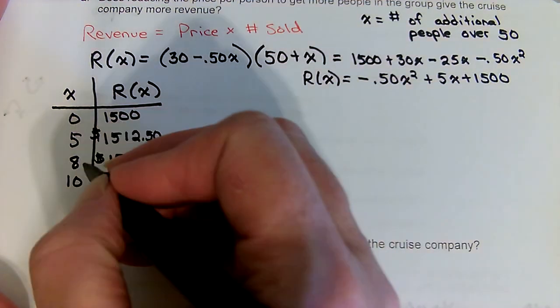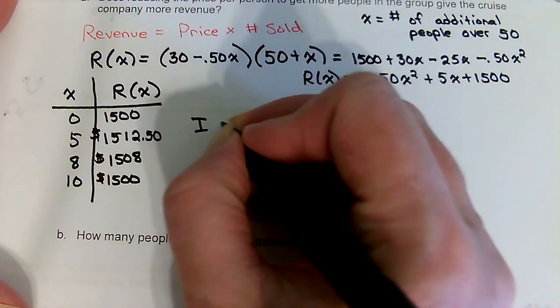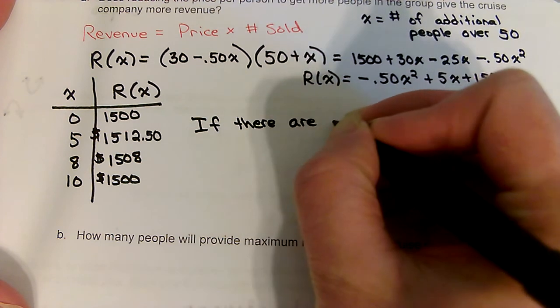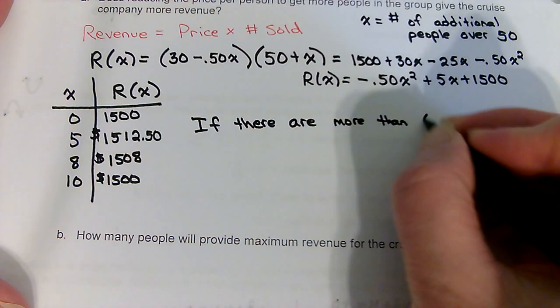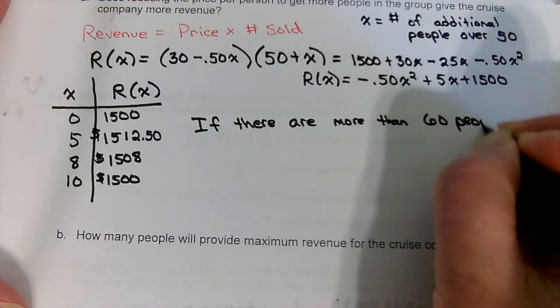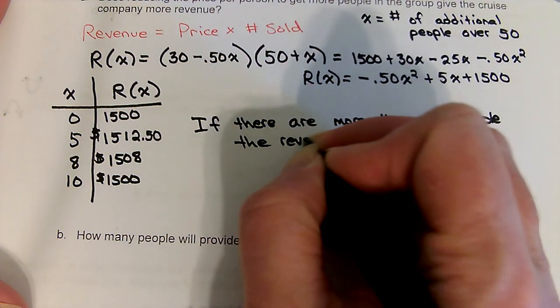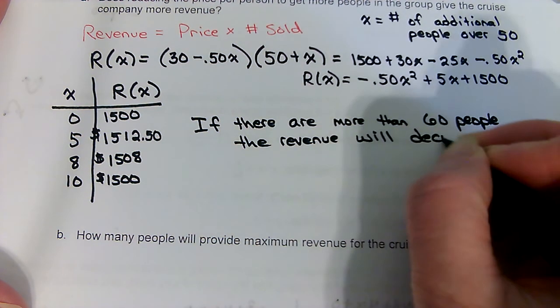So let's see. We had 50 people. If there are more than 60 people, the revenue will decrease.